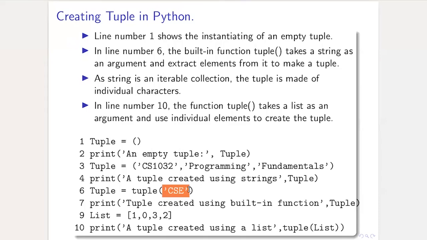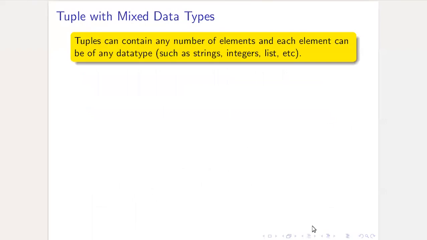We'll see in the runtime how the tuple will be created. And we can use a list and pass that list to the tuple function again. What we need to pass is actually an iterable collection. So a string is an iterable collection, a list is also an iterable collection, as we have just discussed.